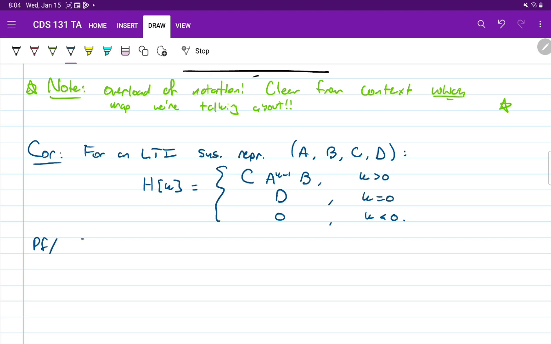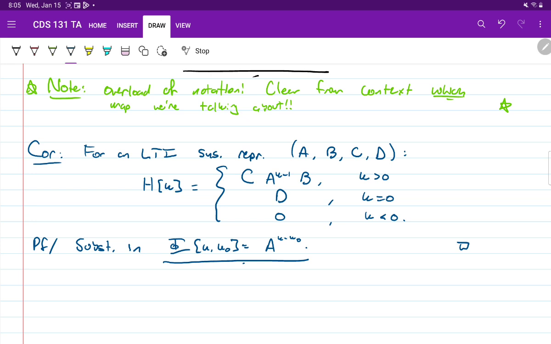Okay? So for the proof, just substitute in phi of k, k naught equals A to the k minus k naught. Okay? And we're just going to apply this with k naught equals 0, right? And that immediately gives us this result from what we had proven earlier.